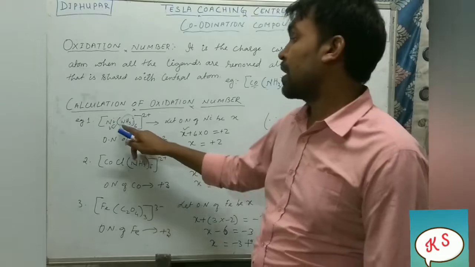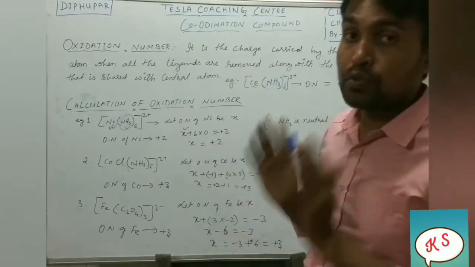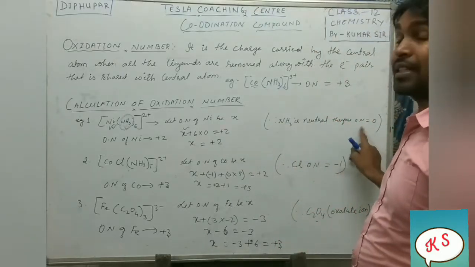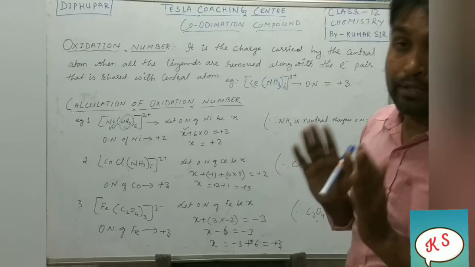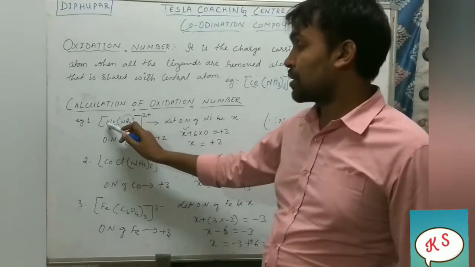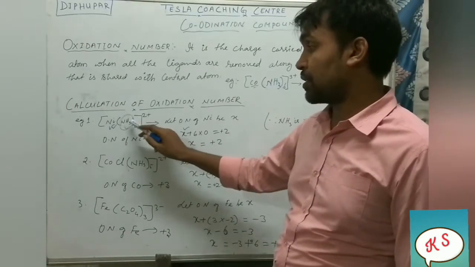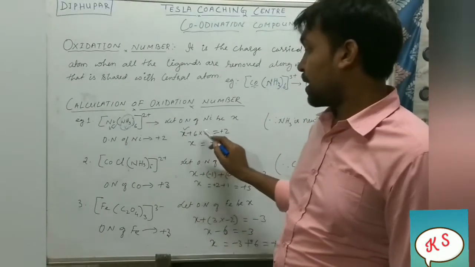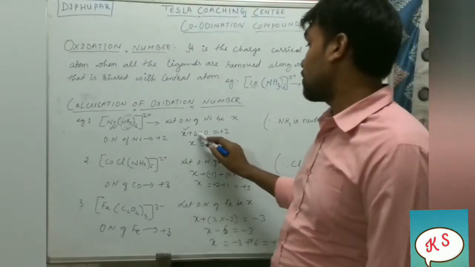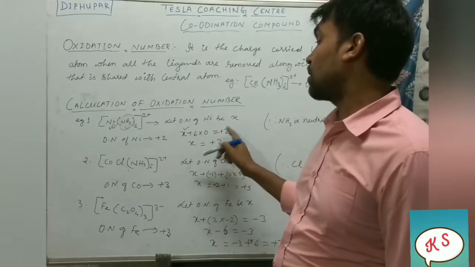NH3 is neutral, therefore its oxidation number is 0. So x is the oxidation number of Ni, plus 6, the coordination number, into 0, the oxidation number of NH3. And the charge here is plus 2, so we will write that equal to +2.